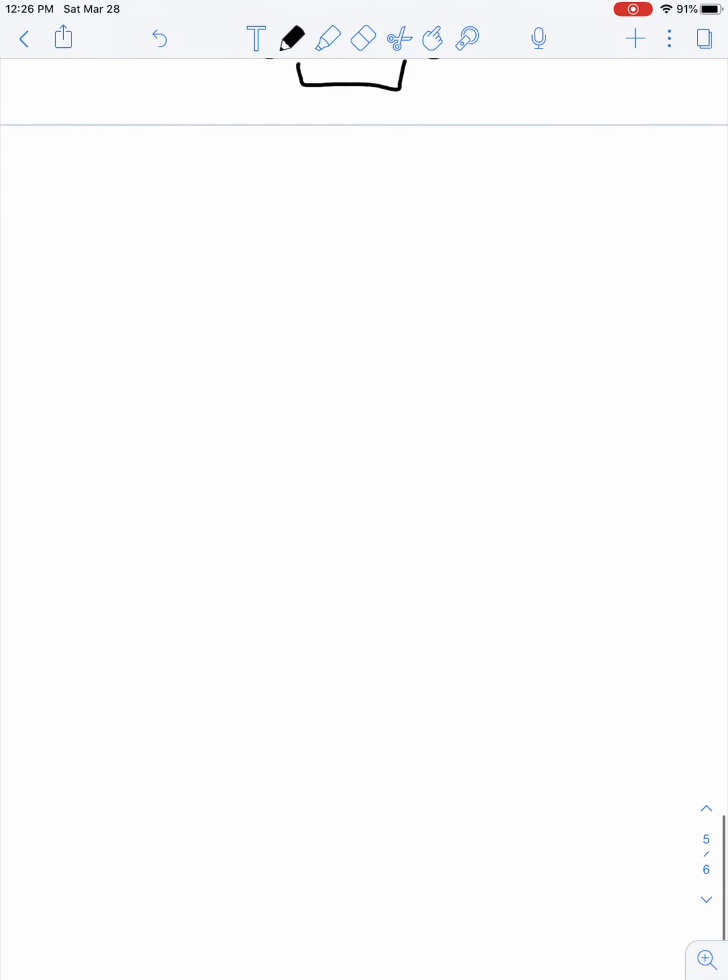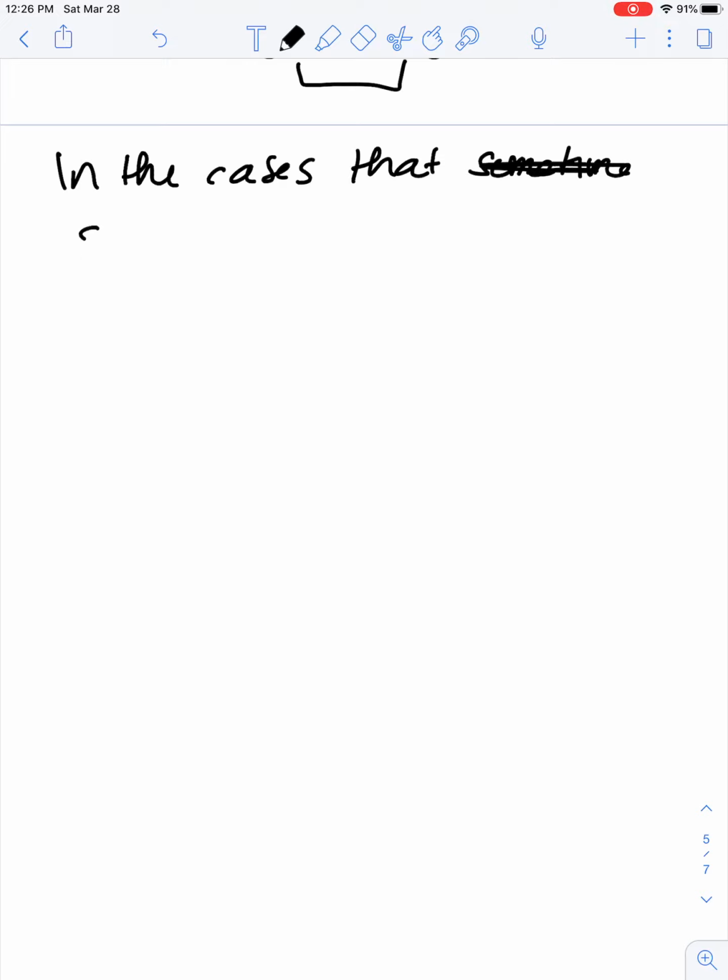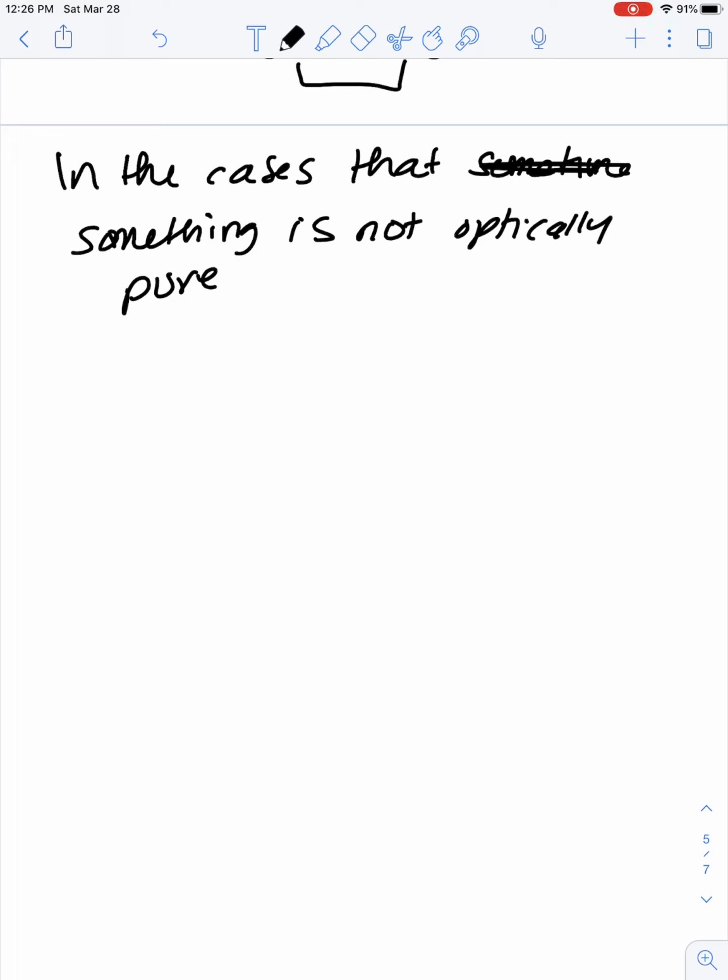So when we have something that is not optically pure, we can calculate the optical purity, which is shown by OP, or the enantiomeric excess, which is shown by EE.